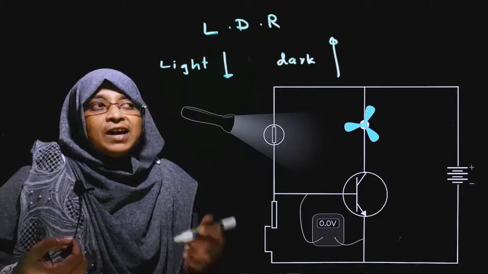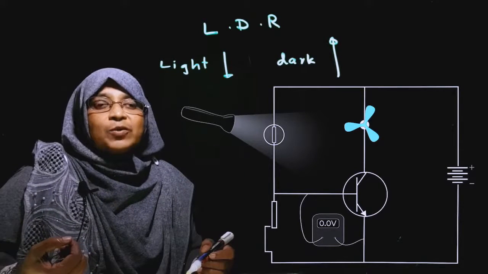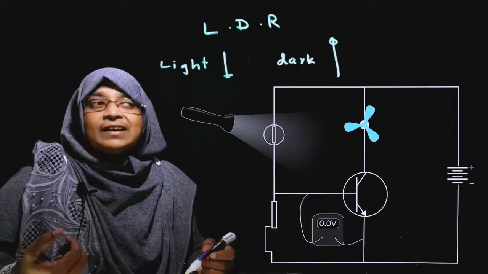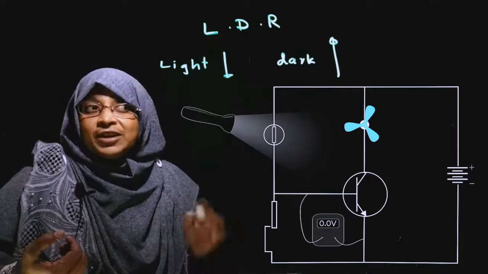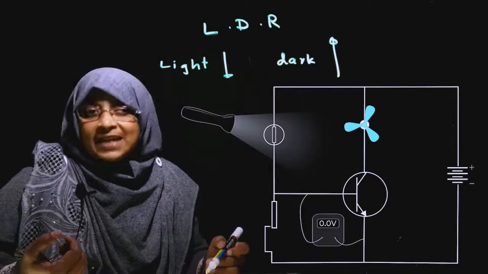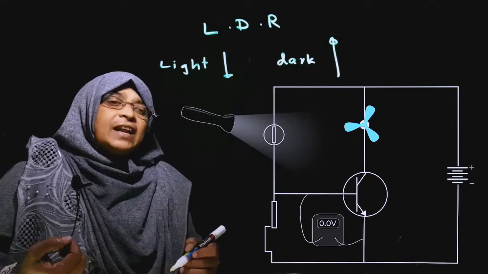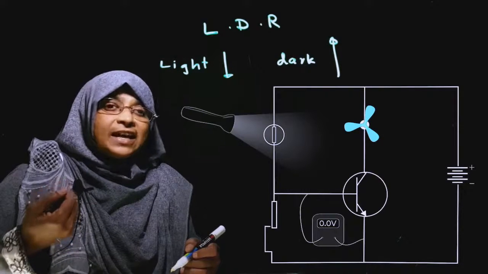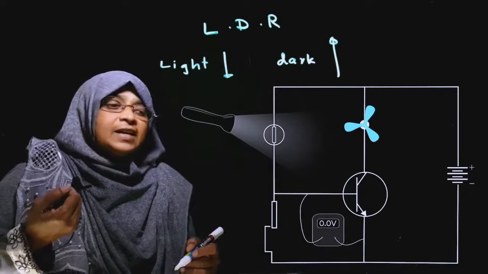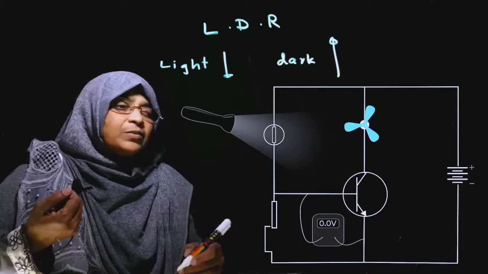Then we have connected a motor to indicate the gate, and I have fixed a fan to indicate the gate. Now you can see the light is shining on the gate. It is shining on the LDR. Is the circuit open now?